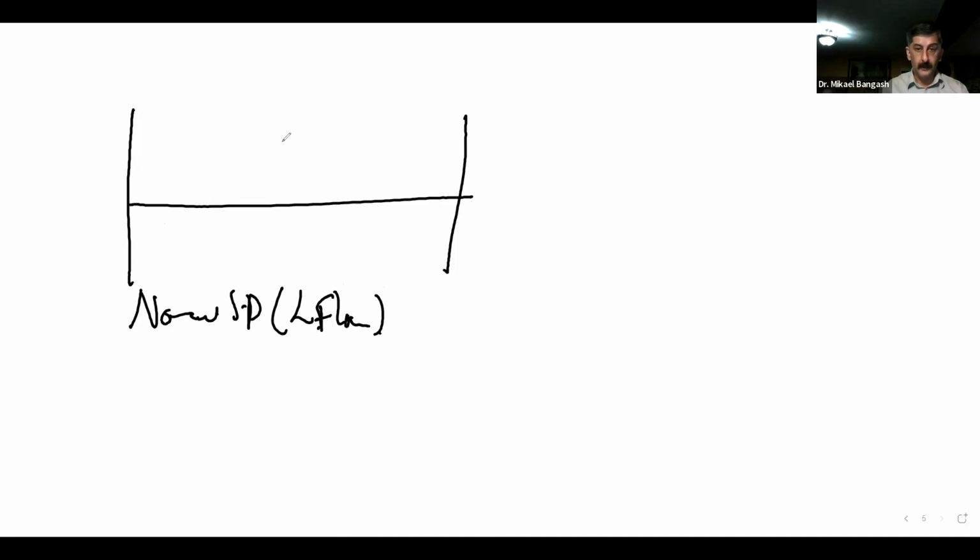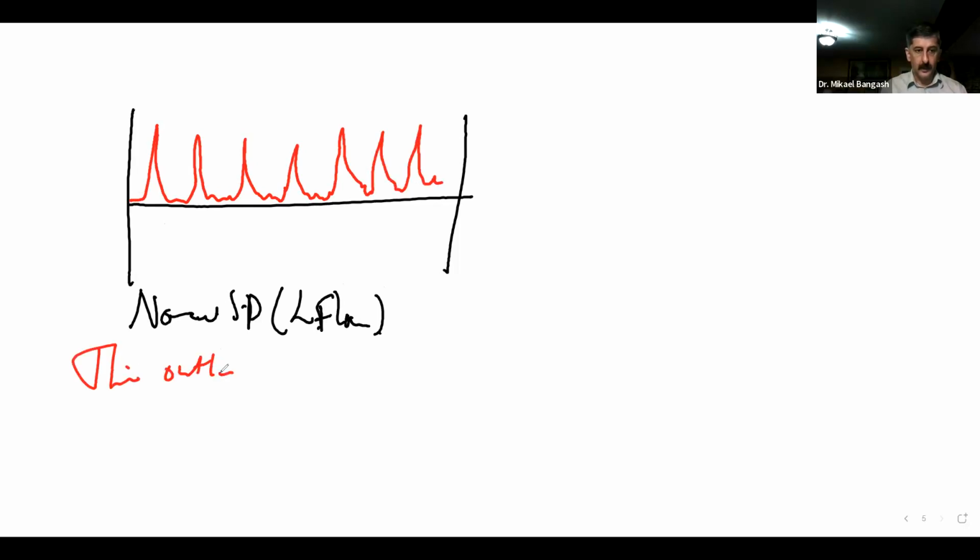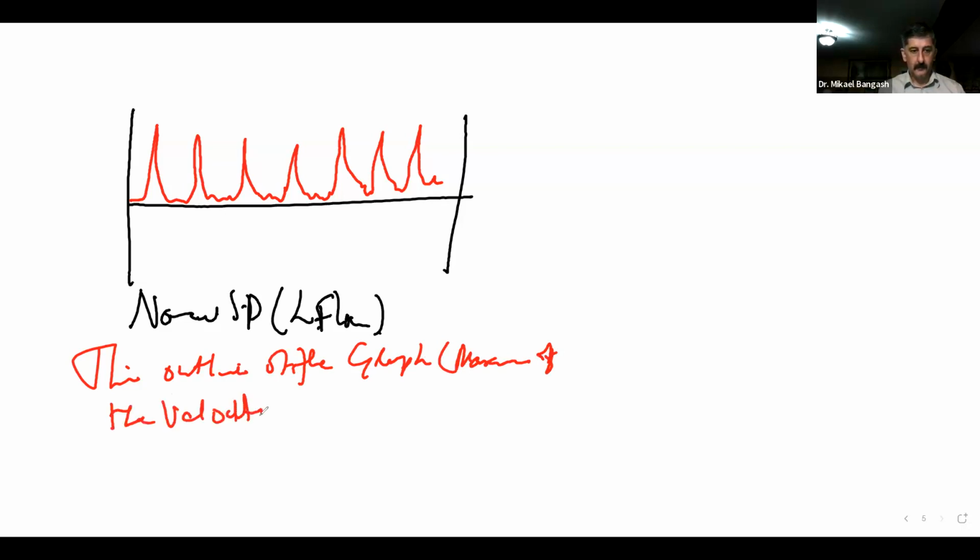What we will have is a thin outline of our graph, which actually is the measurement of the velocity.